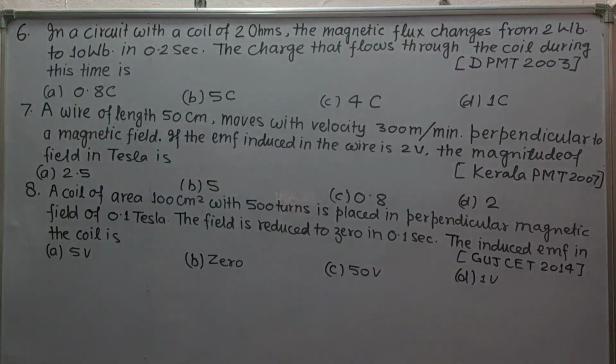Next question number 6. The question is, in a circuit with coil of resistance 2 ohm, the magnetic flux changes from 2 Weber to 10 Weber in 0.2 second. The charge that flows through the coil during this time is. Now solution to question 6.